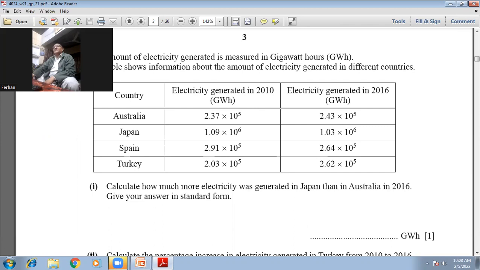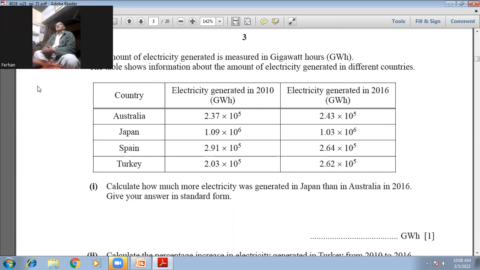That's the C part. It says the amount of electricity generated is measured in gigawatt hours. The table shows information about the amount of electricity generated in different countries. So here we have Australia, electricity generated in 2010, and electricity generated in 2016 in gigawatt hours. So that is 2.37 x 10^5, 2.43 x 10^5.